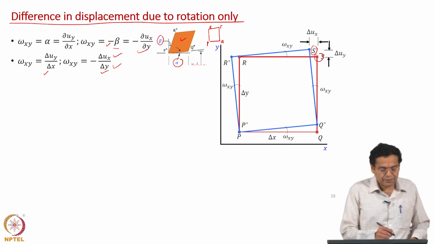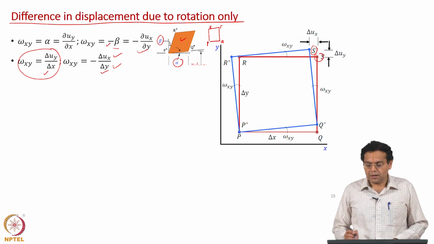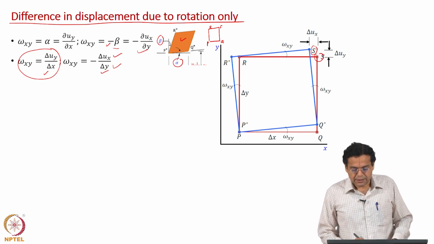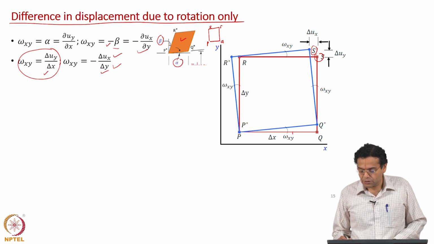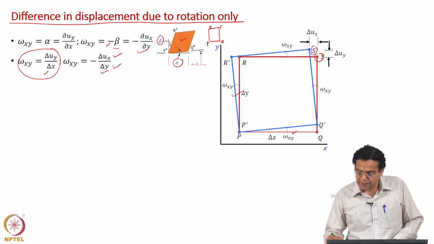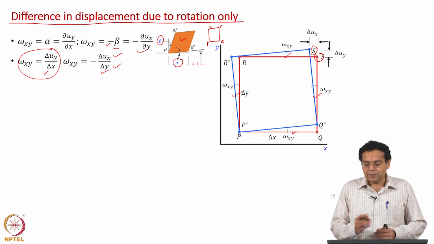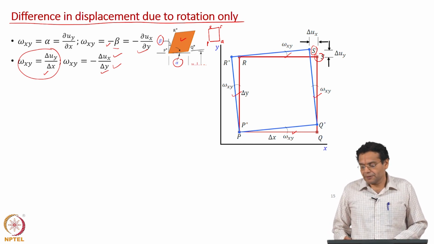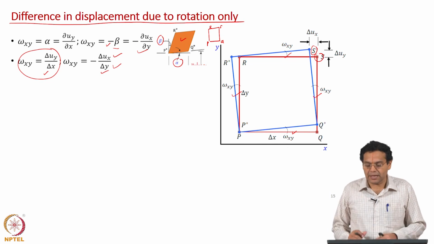Okay. So, now what we will do is apply this expression for this triangle. What is that triangle? Before that, just like in the previous case, this angle is omega xy, this angle is omega xy. Similarly, all angles are omega xy, just rotation. So, the angle between the corresponding lines between the initial state and final state, all of them are omega xy.